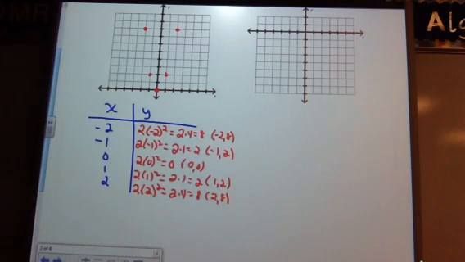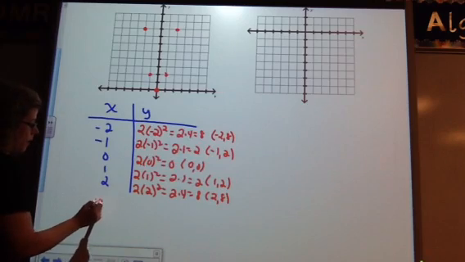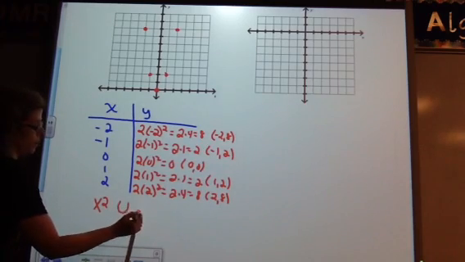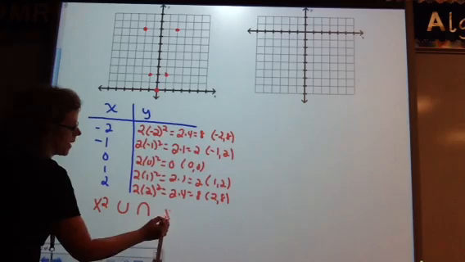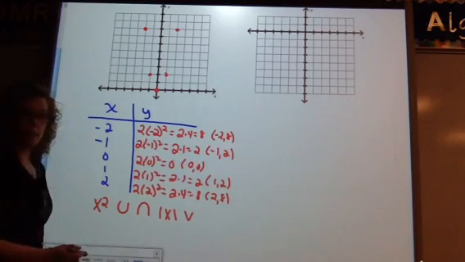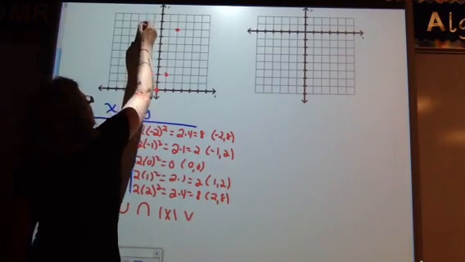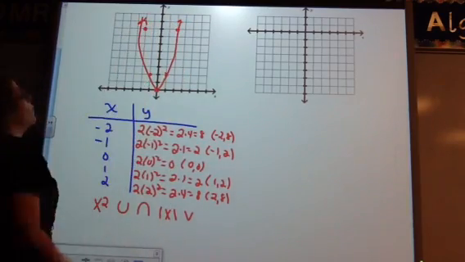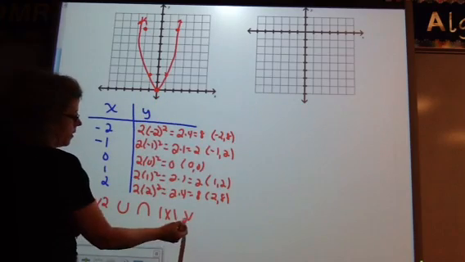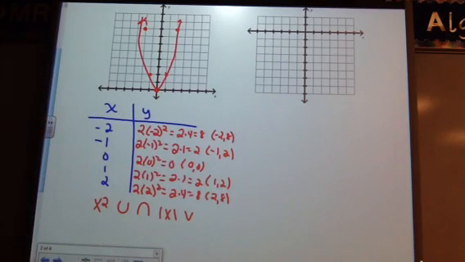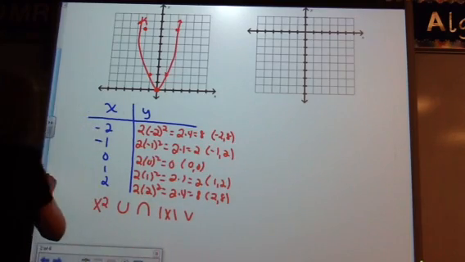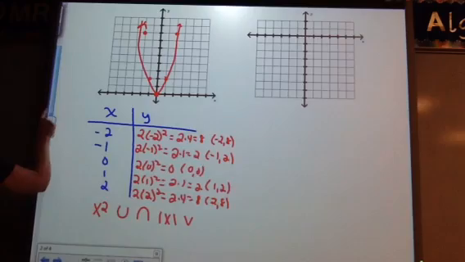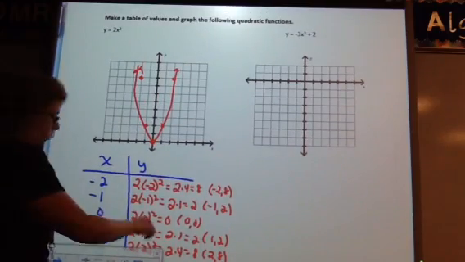Okay? Now, when it's in quadratic form with the x squared, remember it's a parabola. It's like a U. When it's absolute value, that's where you get the V. So try to put a curve in your U. And that wasn't too good, but try to put a curve down here instead of a V. Okay? All right, let's see y'all do the next one on your own. Got to do the same thing.